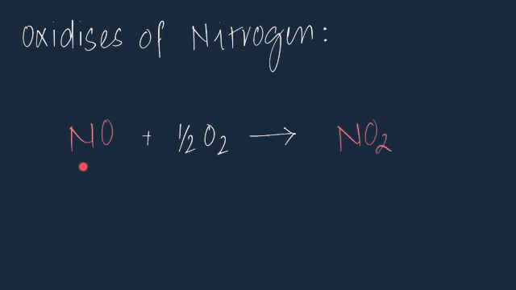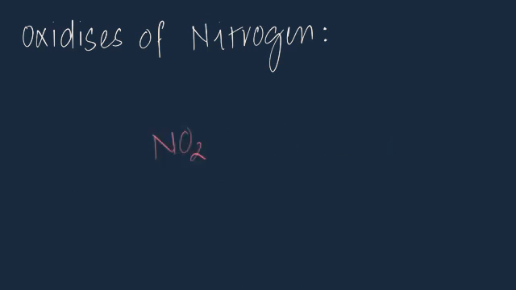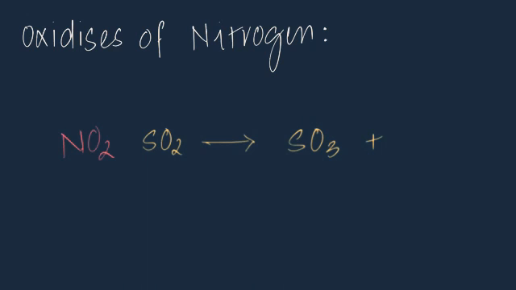In the atmosphere, once it escapes, it can further react with oxygen to form nitrogen dioxide. Nitrogen dioxide is a pollutant because it can react with sulfur dioxide in the atmosphere, another pollutant, to form sulfur trioxide. And because it doesn't just react, it catalyzes the reaction.